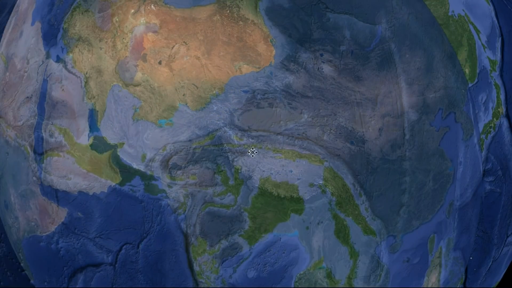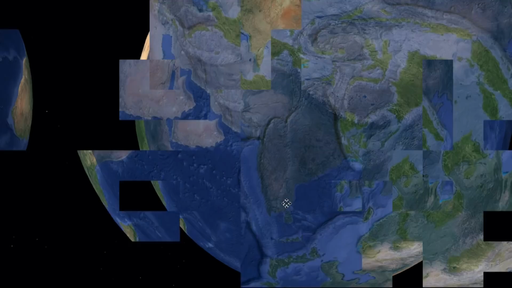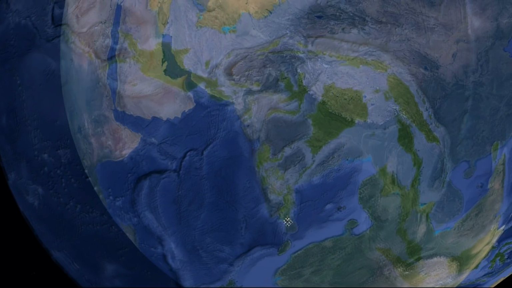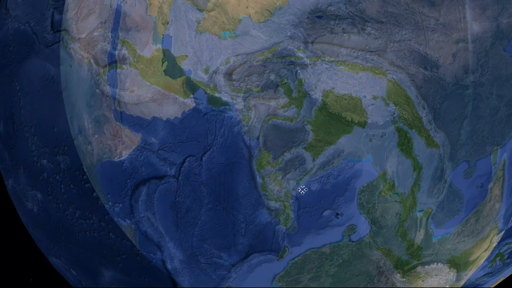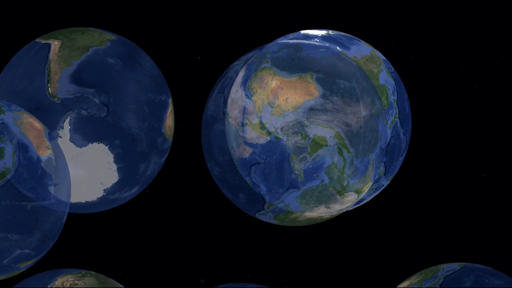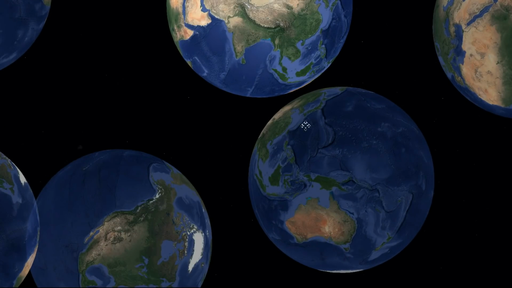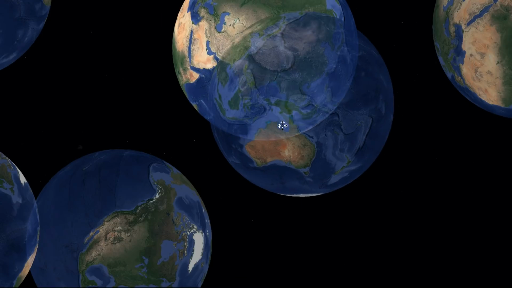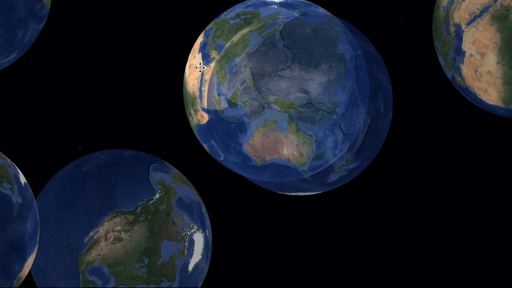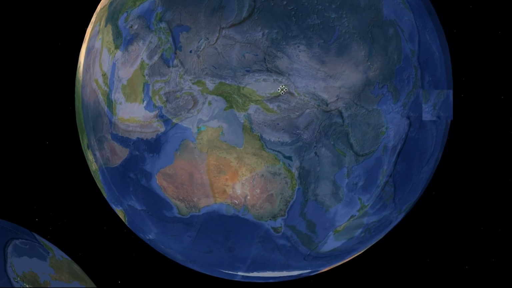See the Tarim Basin right here. When I line it up, you can see that India has a twin. Then over here by Australia is this feature that also lines up with the Tarim Basin. It's the same size, same width.